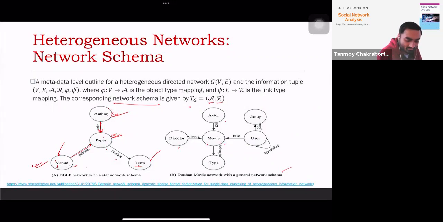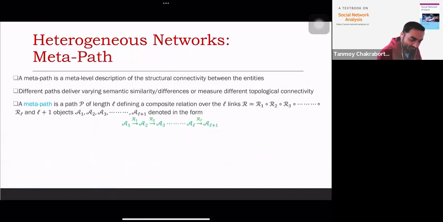So I hope you understand the difference between network schema and a network. Whatever I'm going to discuss now will be based on network schema. Just assume that you have different node types, and node types are linked by different relation types.